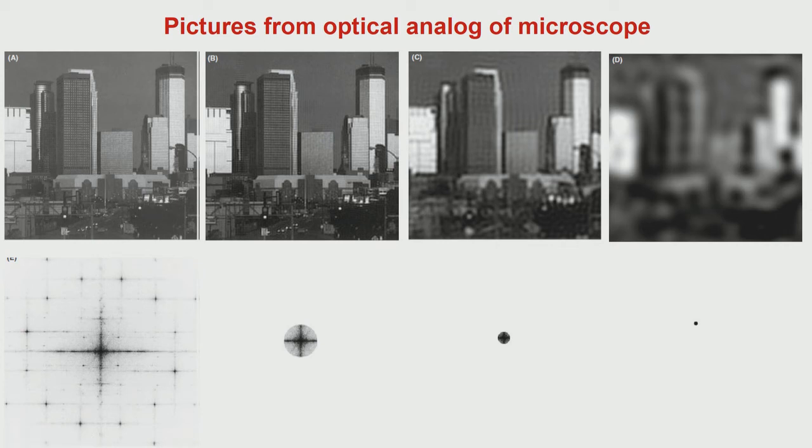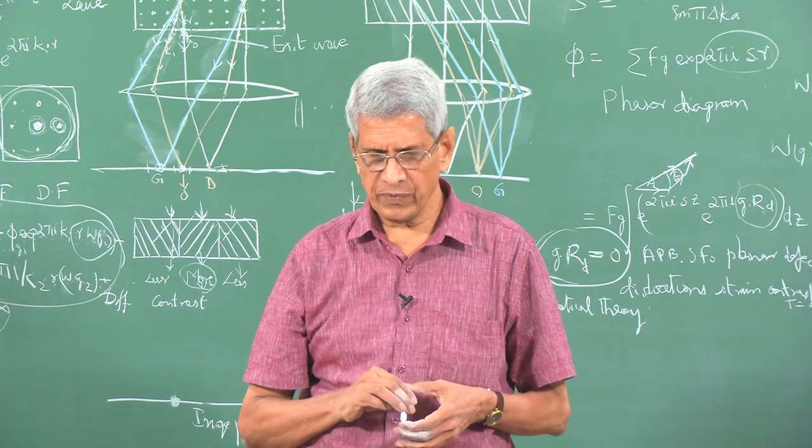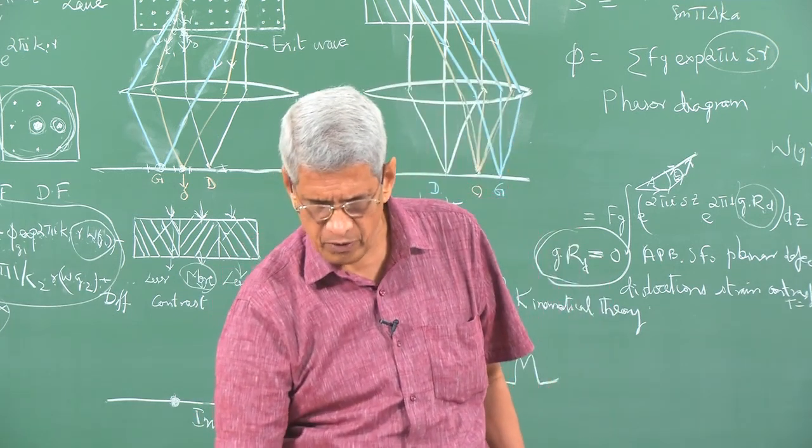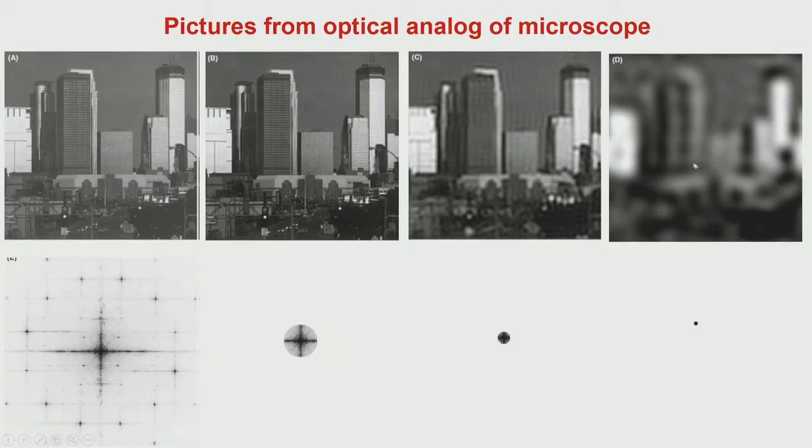There are so many aspects which we are trying to analyze and interpret, but we should be clear in our mind that whatever information is obtained in a bright field or a dark field, it does not give the complete information about that sample. This is quite obvious from this set of pictures.